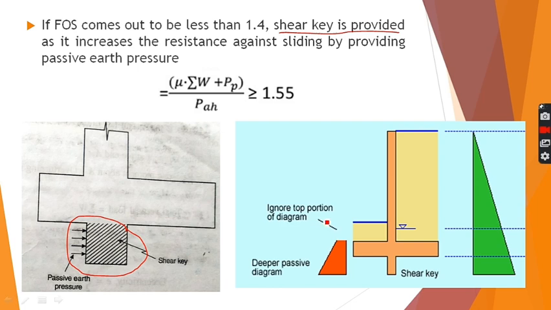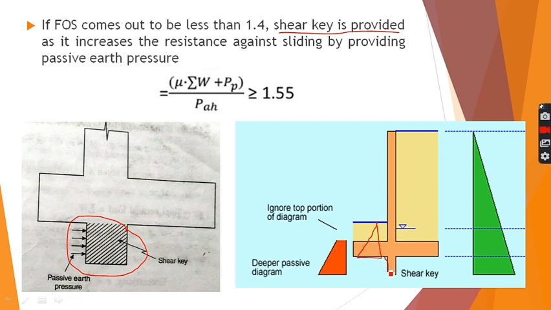The basic purpose of this particular portion, the shear key, is that it is provided to increase the restoring force. It is common sense that if we increase this particular portion like this, originally the passive earth pressure was only at this particular height.